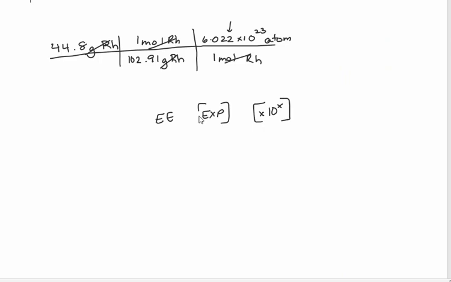A lot of times they're going to be a second or a shift on another button. But in order to perform this calculation, it's 44.8 times 6.02 times 10 to the 23rd, and then you divide it by 102.9. And you should end up with a value of 2.62 times 10 to the 23rd atoms.